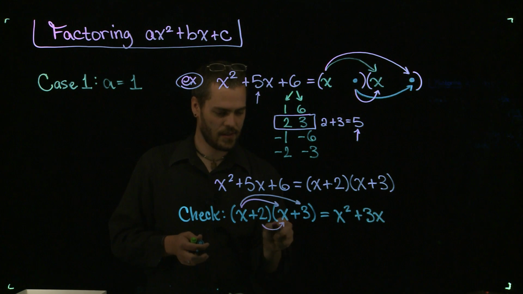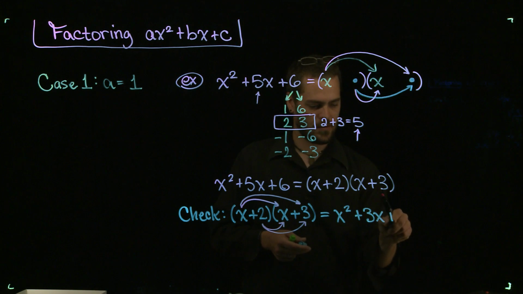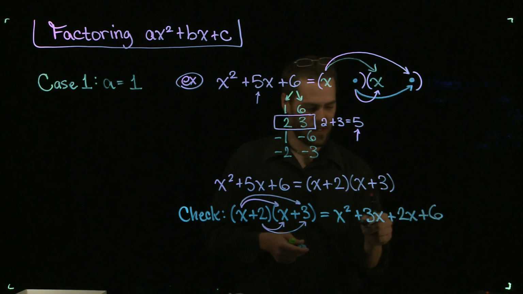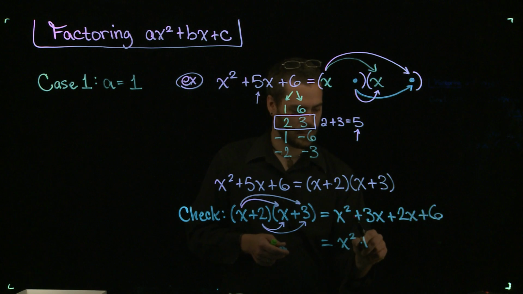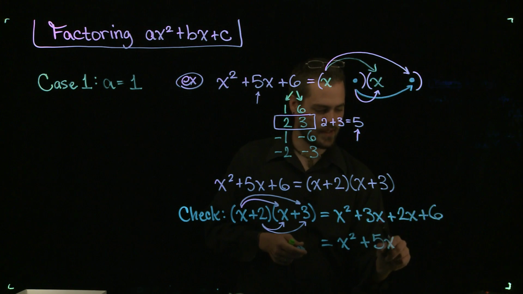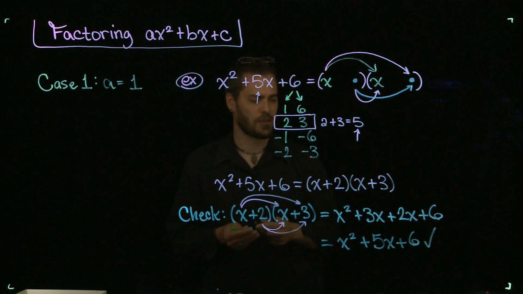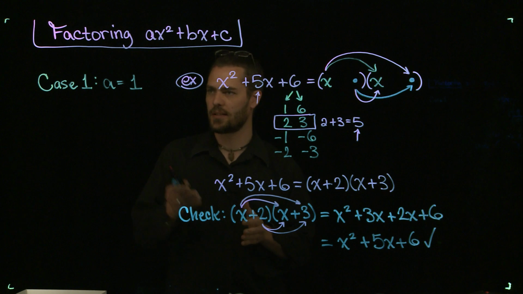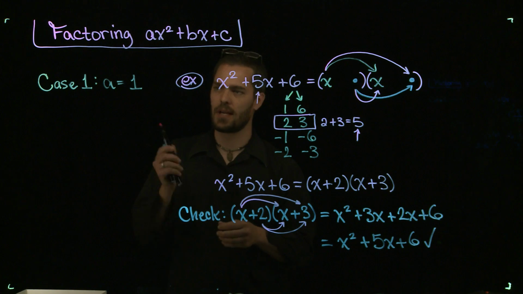Then we've got 2 times x, 2 times 3, plus 2x plus 6. Combine those like terms, producing x squared plus 5x plus 6. So indeed, that was our original trinomial. This seems to work. Let me show a couple more examples of case number 1, a equal to 1, and then we'll move on to the case when a is not equal to 1.